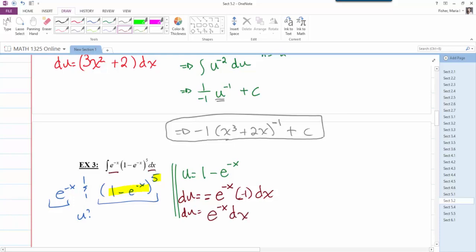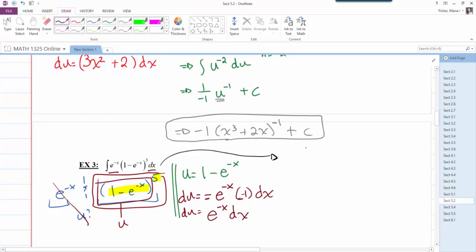And I have an e to the negative x dx. So perfect. This was the best choice for you. This would not have been. So what we want to do now is, and again, we don't need to do this, but it just makes substituting a little easier. So 1 minus e to the negative x raised to the 5th times e to the negative x dx.